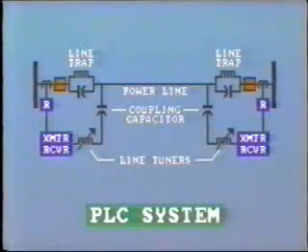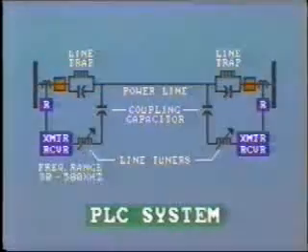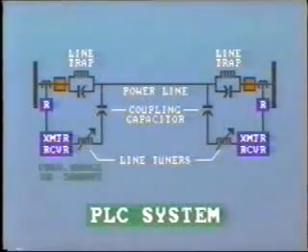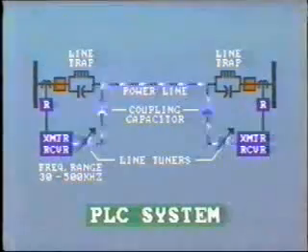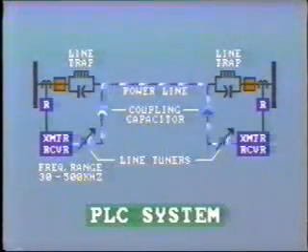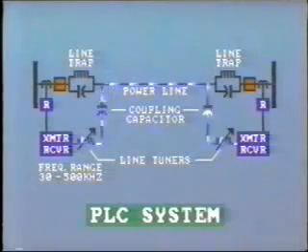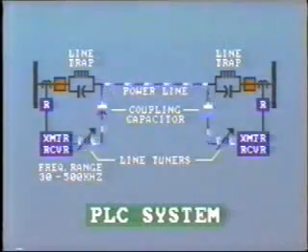In the power line carrier system, the signal is transmitted at a specific tuned frequency selected within the range 30 to 500 kilohertz. This high-frequency signal is superimposed upon one of the power line conductors, usually the center conductor, so as to reduce the effect of mutual inductance.